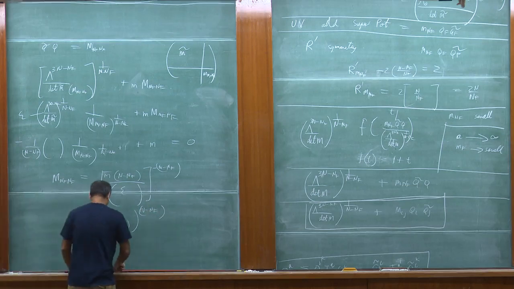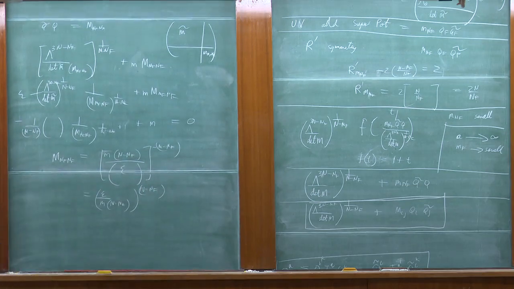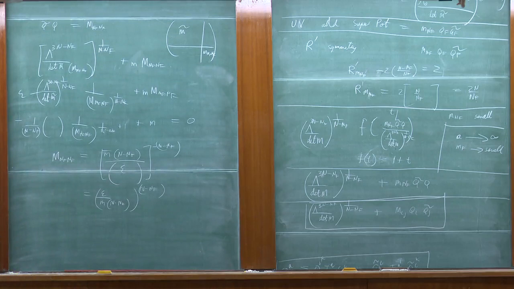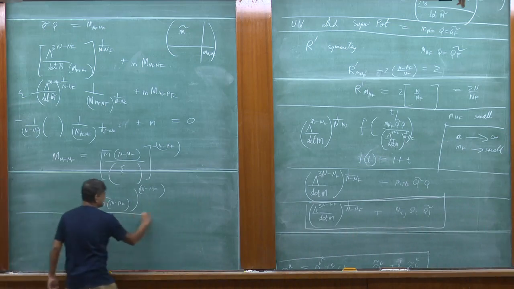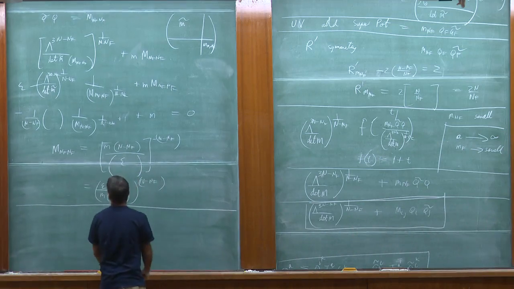Great. Now I plug this back into the superpotential. I've got the value of this m and I plug it back in to see what superpotential I get after integrating out. Okay. So what do we get?